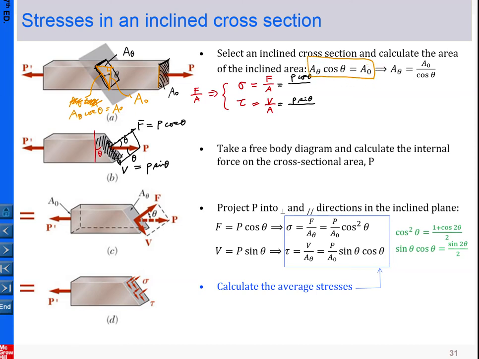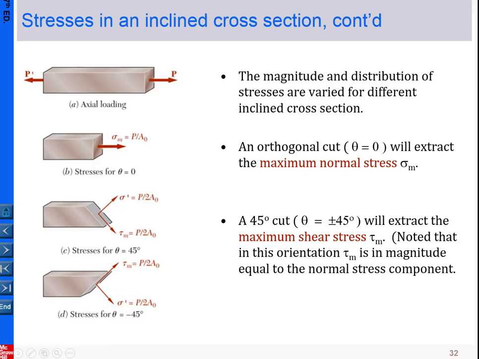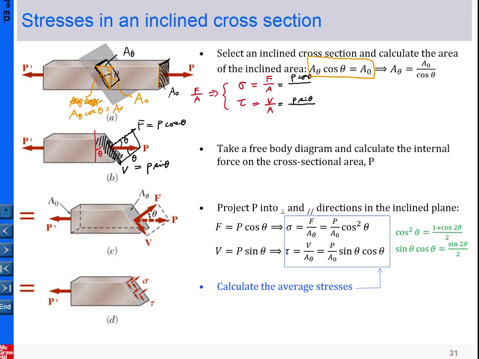Again, the ratio between the areas simply comes down to the comparison of the two sides here. So from here we know A theta equals A naught divided by cosine theta.